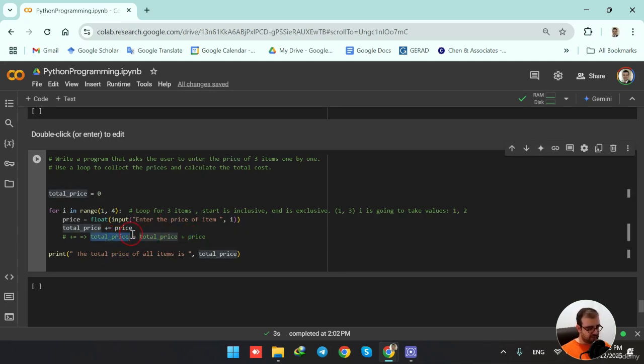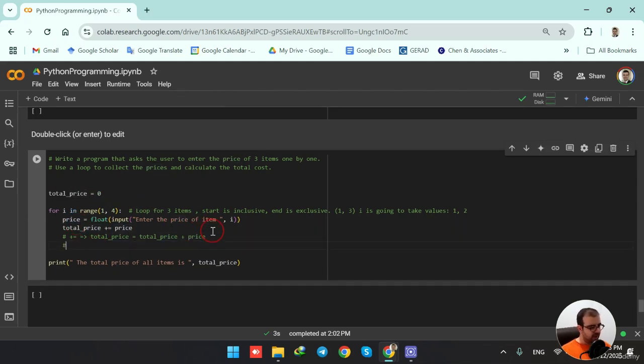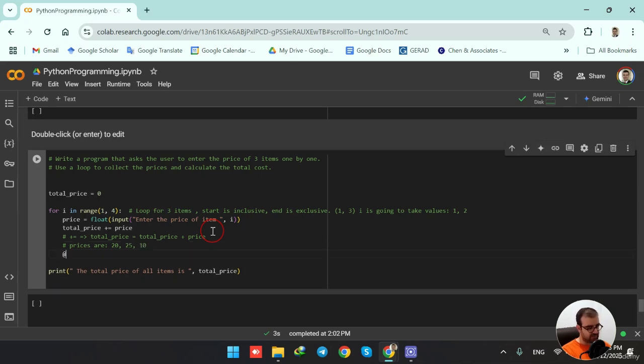So in the first iteration, the total price equals 0, and the price is whatever the user is going to enter. So imagine that the prices the user is going to enter are 20, 25, and 10. Okay, these are the prices. So when I equals 1, price equals 20.